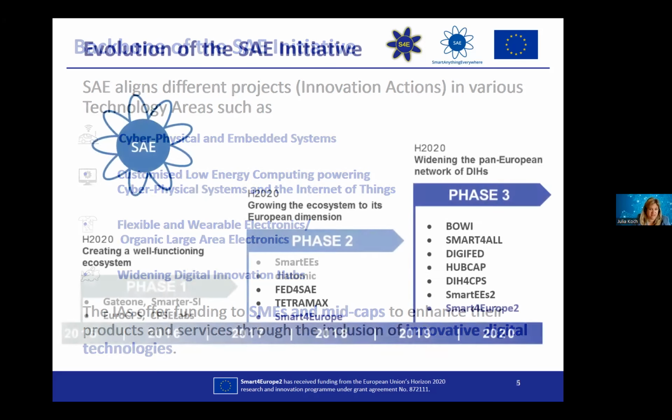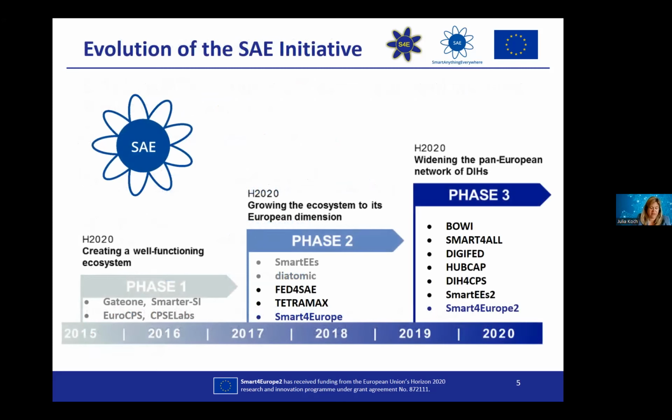So what does that mean here when we have a look at the evolution of the initiative? It all started in 2015 with the so-called phase 1, where we had 4 innovation actions. And then in the middle of 2017, we came into phase 2, where we had 4 innovation actions, plus, for the first time, a CSA, a coordination and support action.